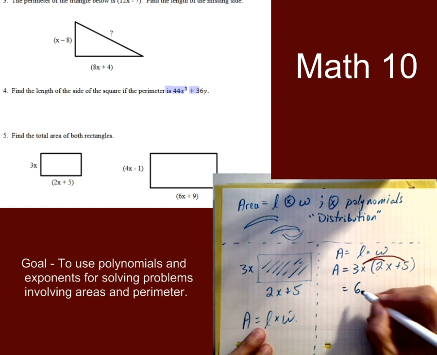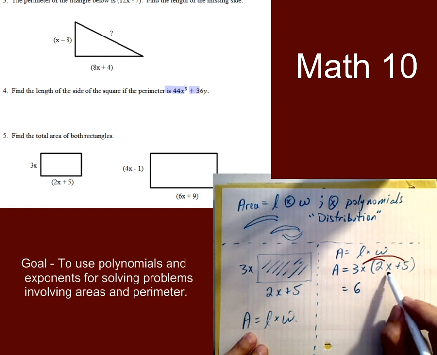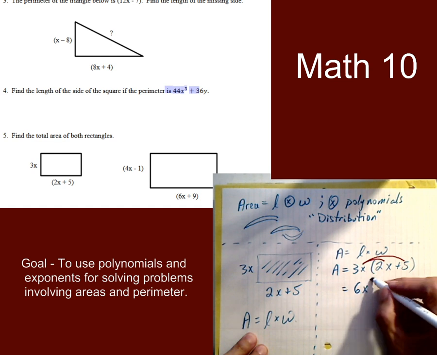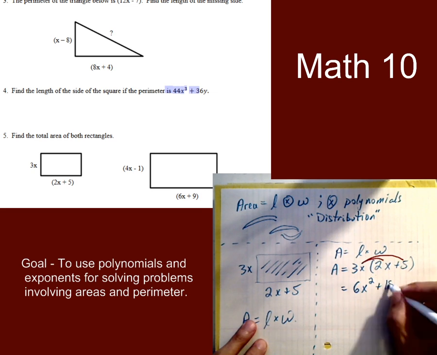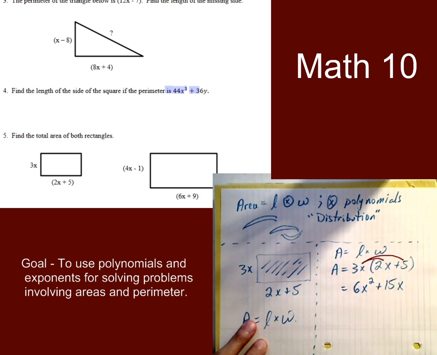And now we got our exponent rules coming up. We have x times x, so that gives x squared. For the next term, 3x times plus 5 gives plus 15x like that. Taking a look, we have x squared, we have x. Those are different things. They do not combine together.